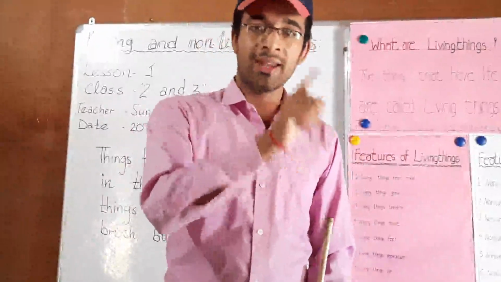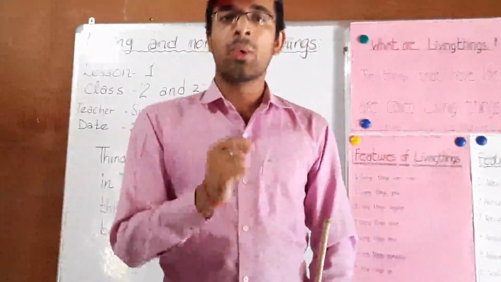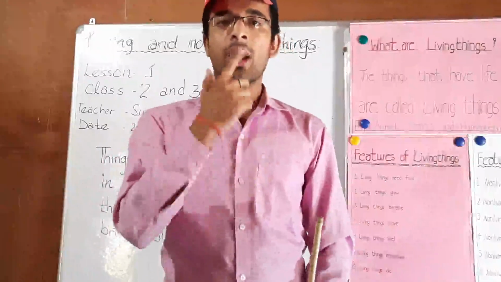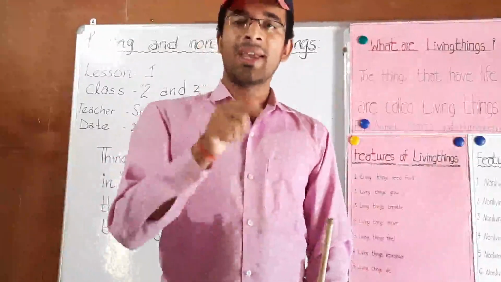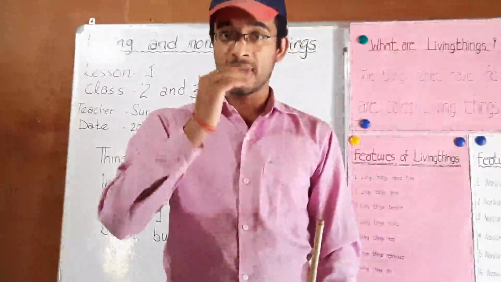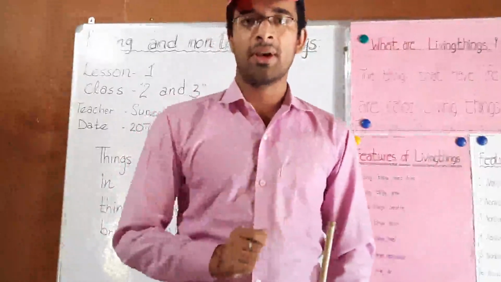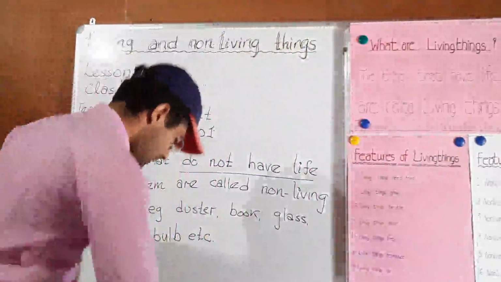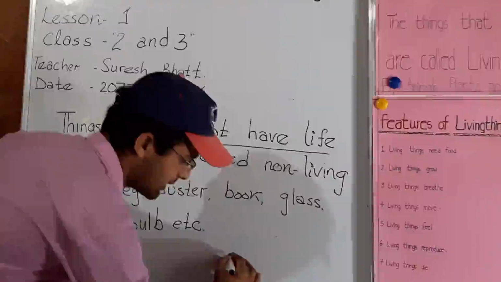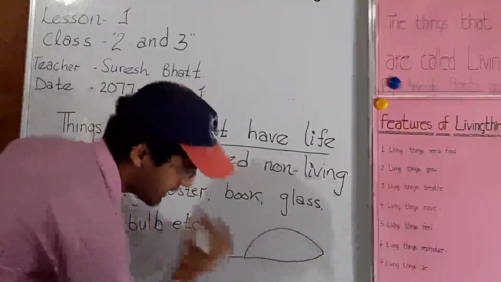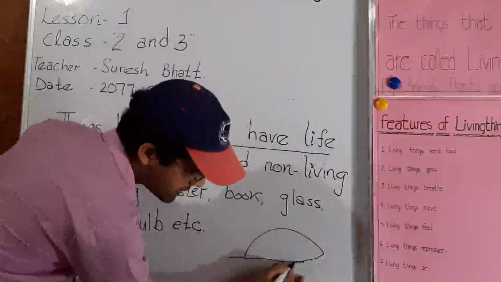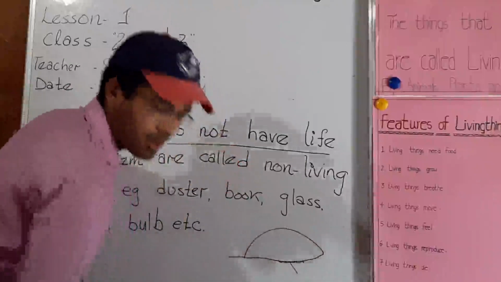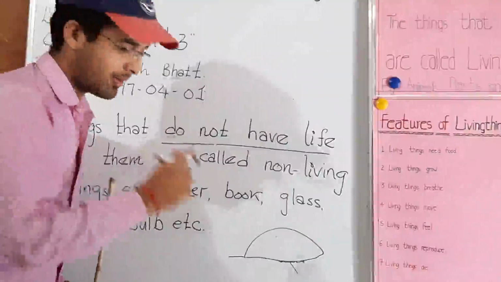In the case of animals and human beings, we take oxygen by our nose, and in the case of plants, they take oxygen with the help of leaves. Okay, I have one figure. In a plant leaf, there are small holes on the underside of the leaf.